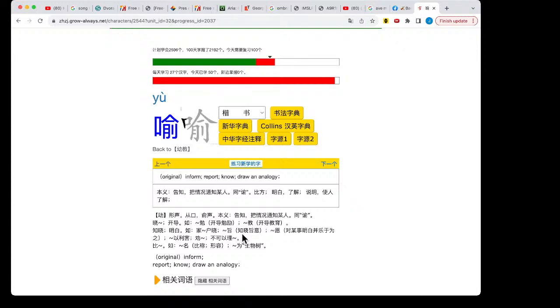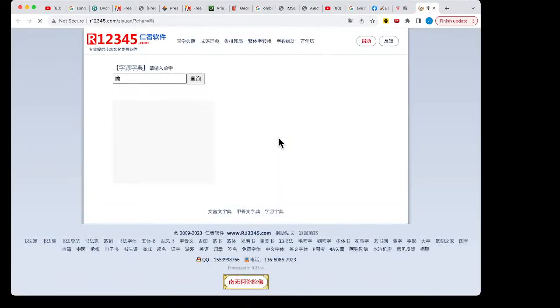Okay, everybody knows. 不可理喻, that means the person is so stubborn and does not accept common logic, common sense. Okay, 叫不可理喻.